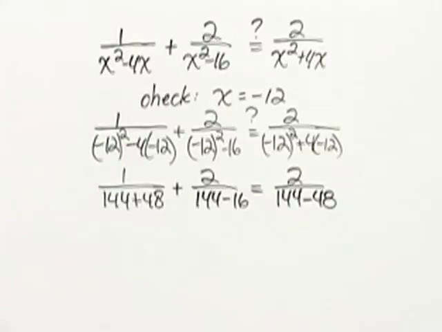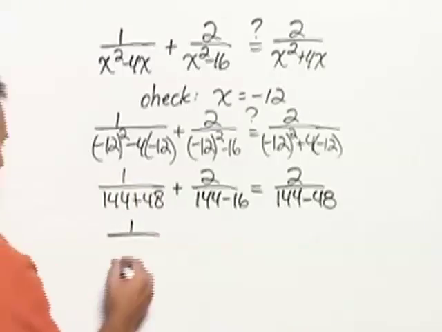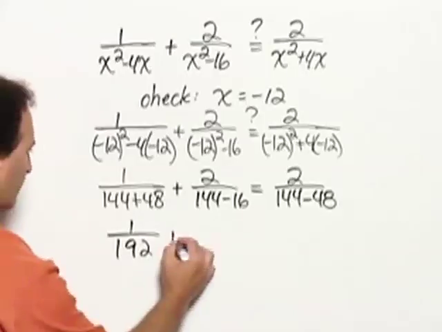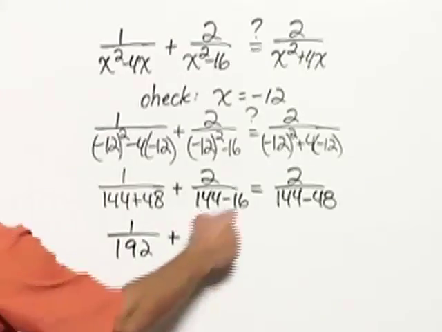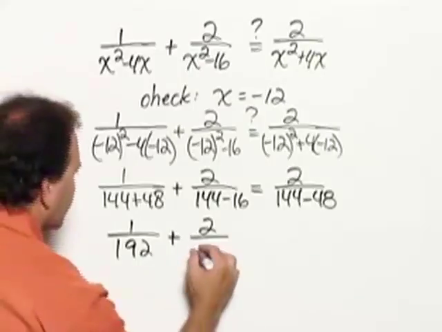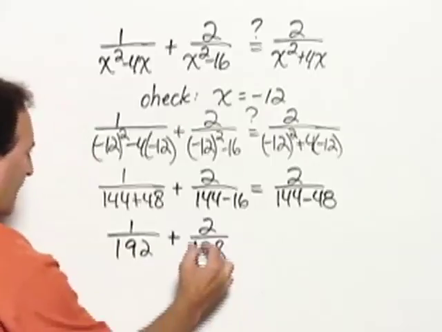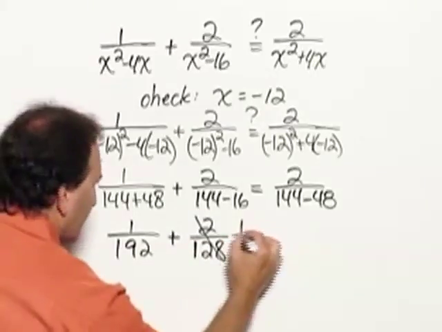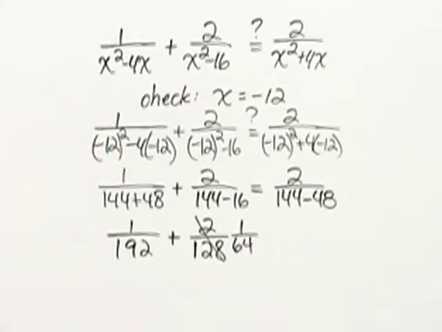So on the left-hand side, this fraction, we have 1 over 192 plus 2 over 144 minus 16, which is 128, is equal to... Now, while we're here, notice that those will reduce, and it reduces to 1 over 64.